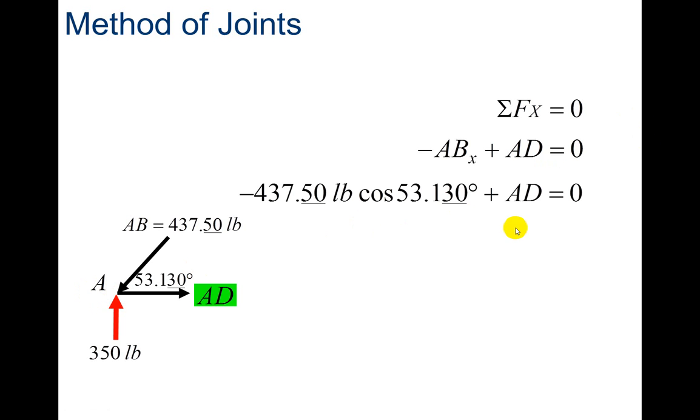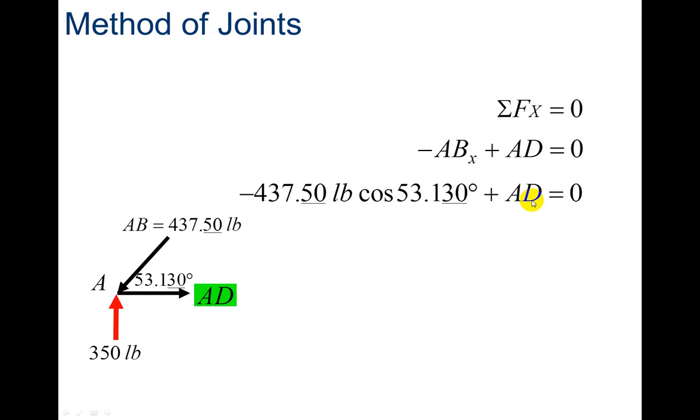All right, filling it in, I've got negative 437.50 pounds. Okay, that's what I just found that to be, times cosine of my angle is going to give me the x component of this vector right here. So I'm going to get that value plus AD.